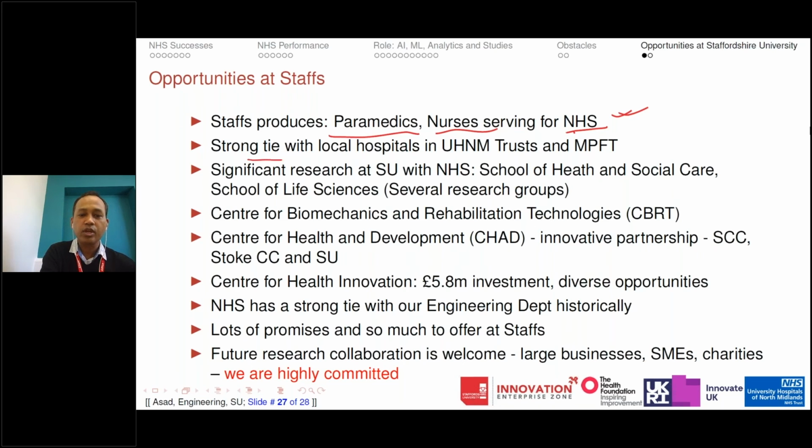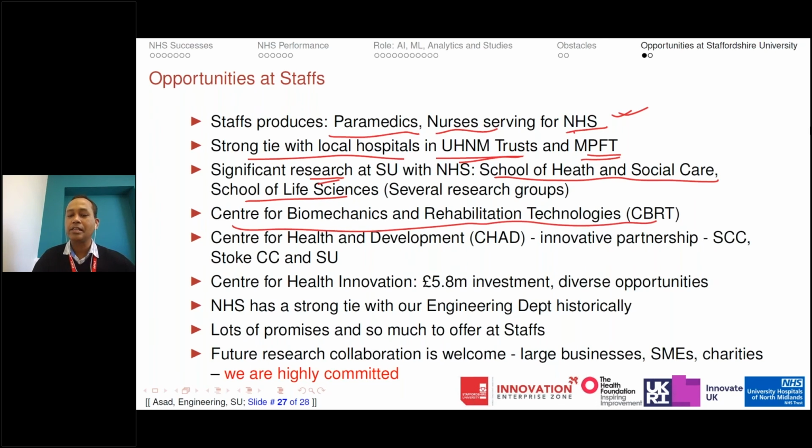We have a strong tie with local hospitals like UHNM Trust and MPFT. A significant amount of research is going on within Staffordshire University with the NHS. We have several research groups working in the School of Health and Social Care and the School of Life Sciences. We have the Centre for Biomechanics and Rehabilitation Technologies.